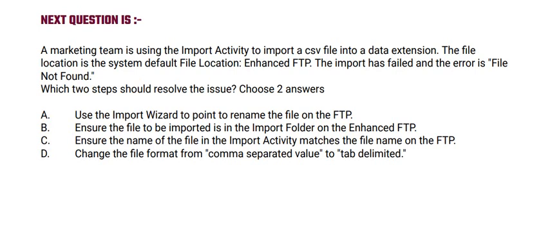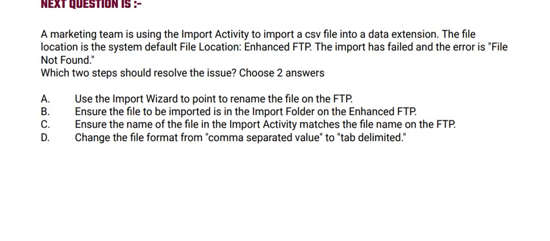Option C, ensure the name of the file in the import activity matches the file name on the FTP. And option D, change the file format from comma separated value to tab delimited. The correct option is option A and C.